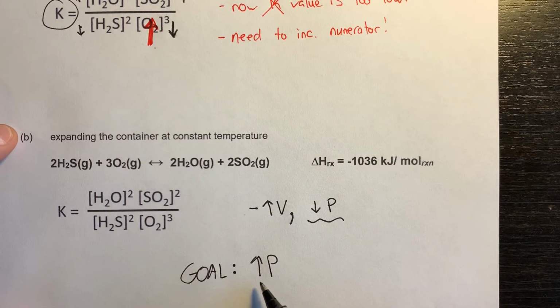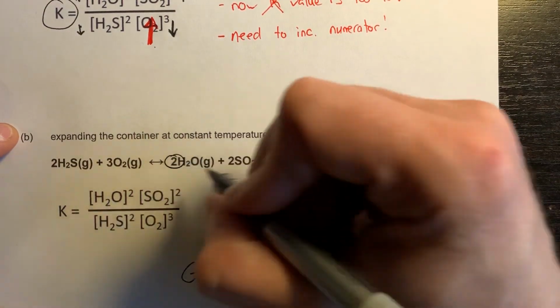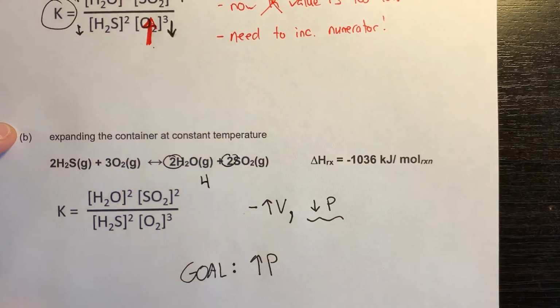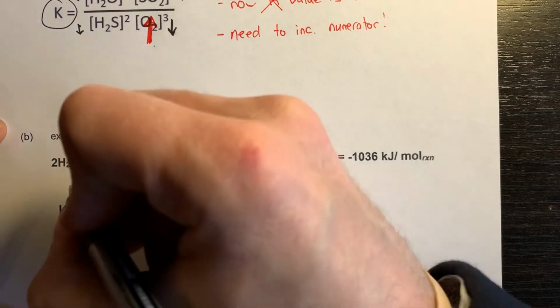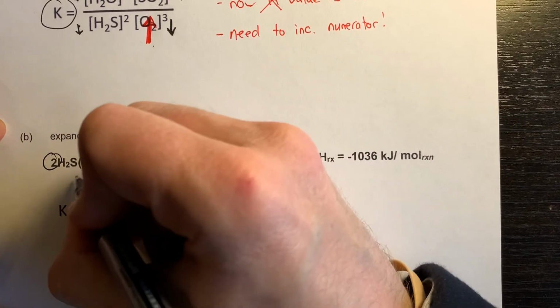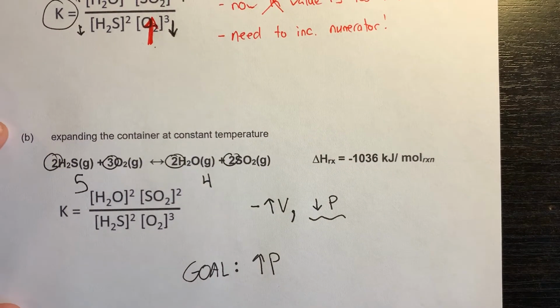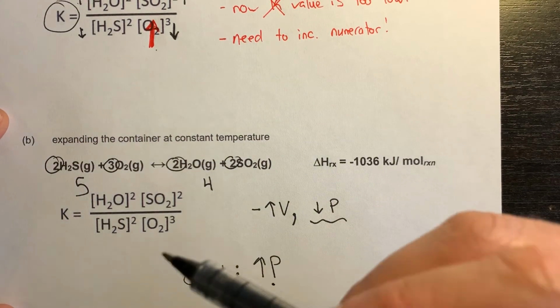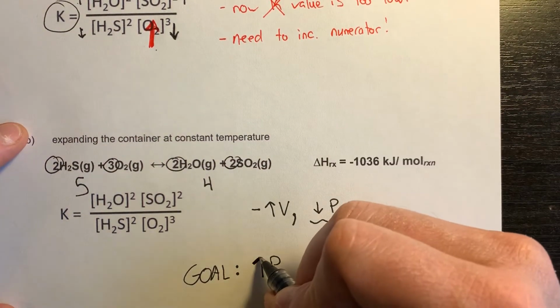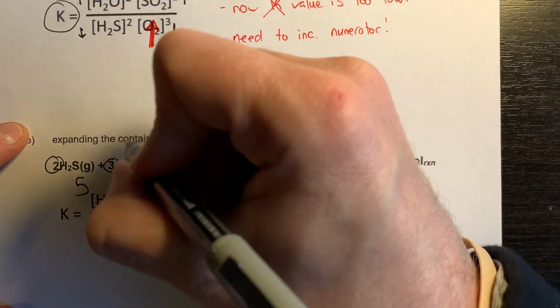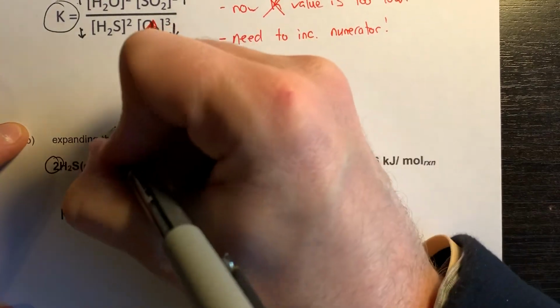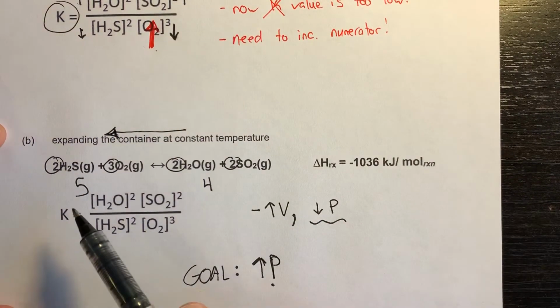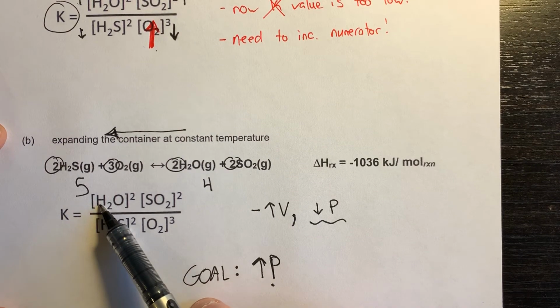The only way to increase the pressure is to realize that you have 4 moles of gas on the product side, and you have 5 moles of gas on the reactant side. Well, if I'm trying to increase the pressure, I'm going to shift in the direction where there's more moles of gas.